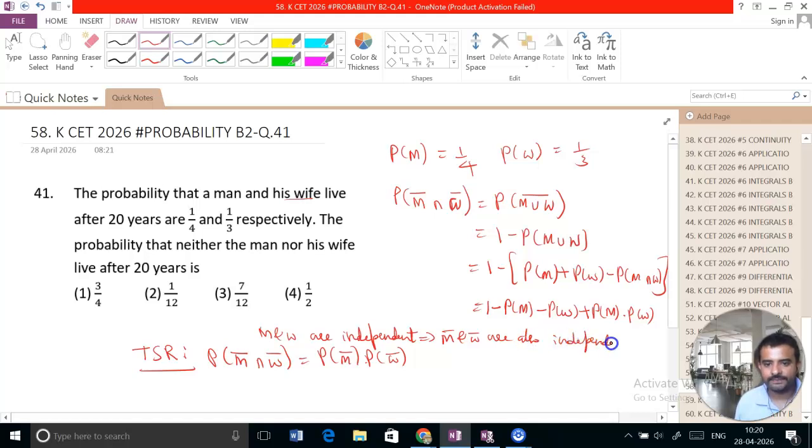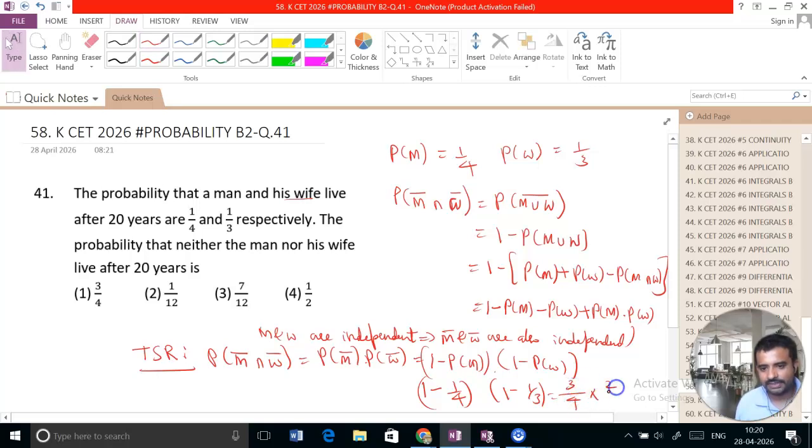So we can directly write probability of M bar intersection W bar is equal to probability of M bar into probability of W bar. And what is probability of M bar? 1 minus probability of M, into 1 minus probability of his wife. So 1 minus 1 by 4 into 1 minus 1 by 3, which is 3 by 4 into 2 by 3. 3 gets cancelled, 2 ones are 2, 2 twos are 4, so 1 by 2 will be the answer.